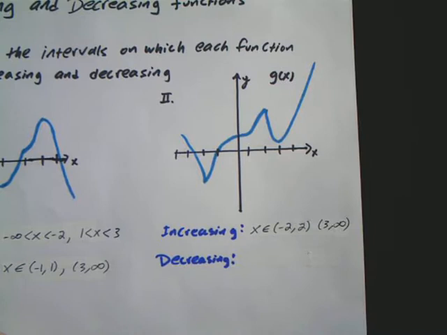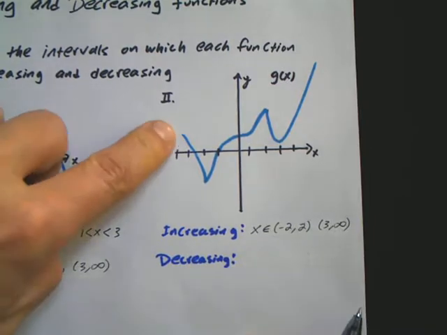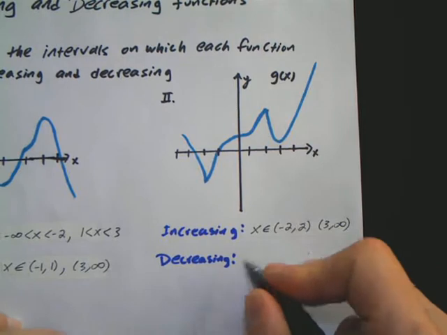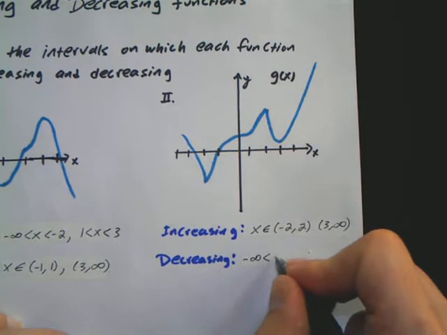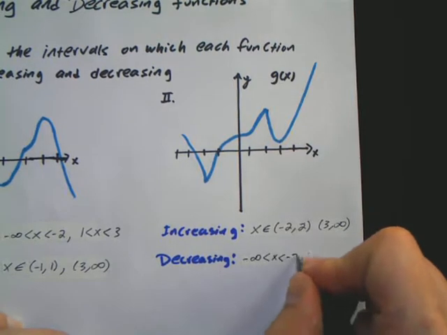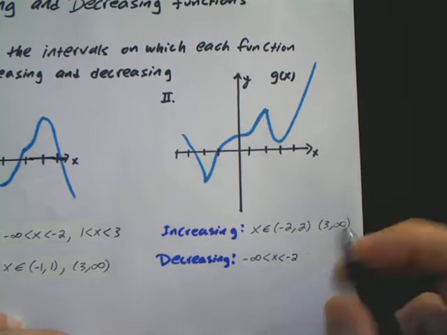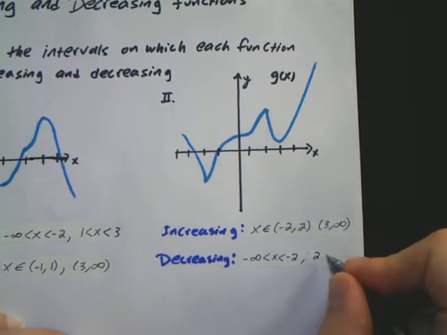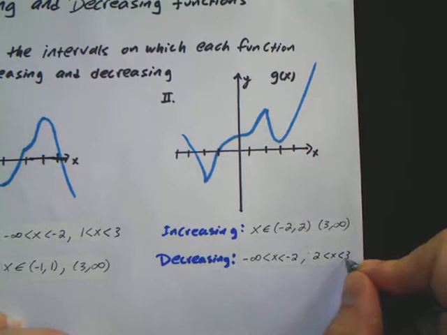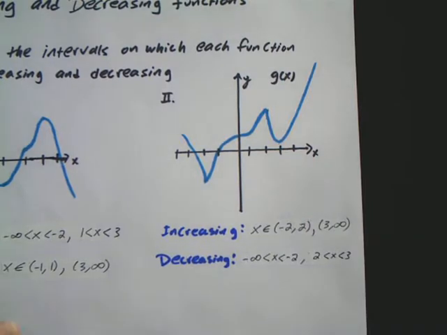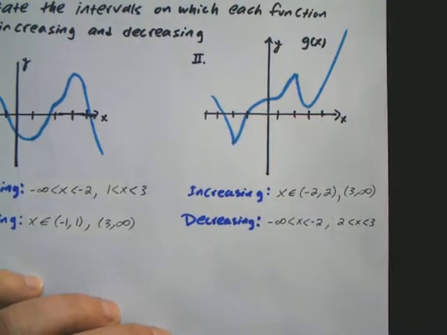Decreasing is where this is going down. I'm going to go back to the inequalities, so it looks like it's going from negative infinity to negative 2. And then it decreases briefly from 2 to 3. Let me put a comma up here. So those are the intervals where it's decreasing for g of x.